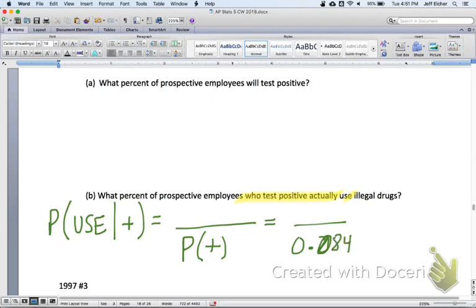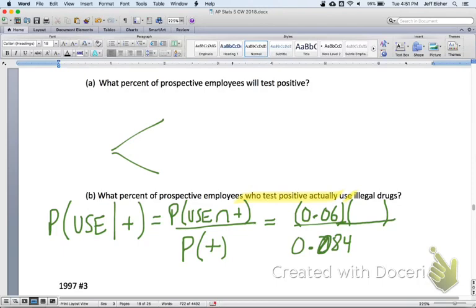And the probability they use and test positive. Probability they use and test positive was, let's see, 0.06, if I can remember the numbers, times the probability they test positive. What was that number? So we had use, not use. Oh, I think that was 10%.